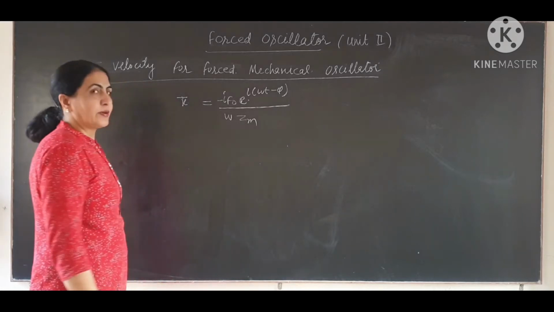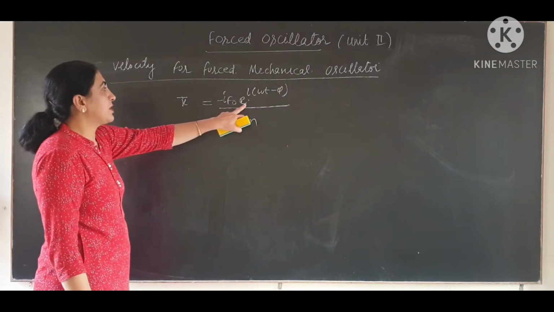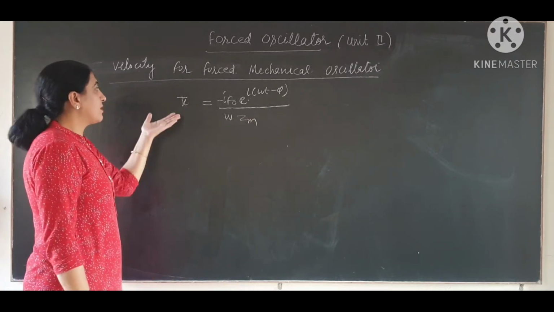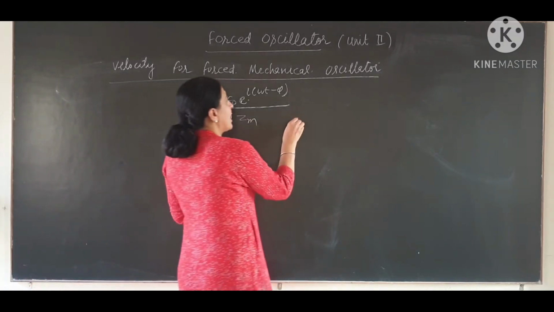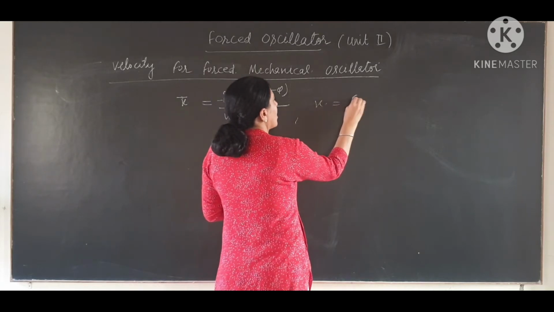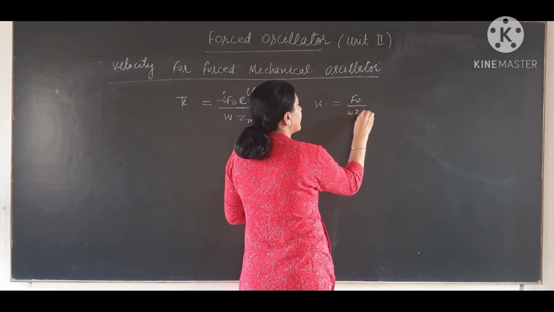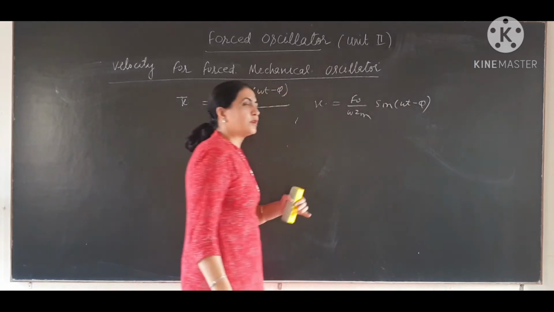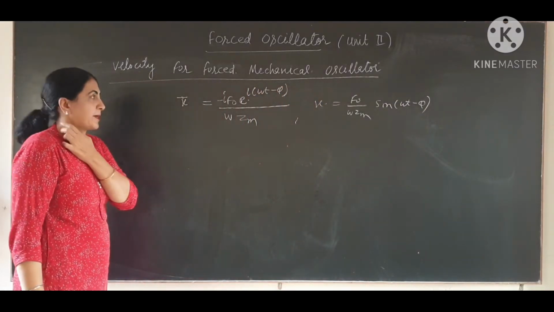So the real part of x is equal to F0 sin(ωt − φ) / (ω Zm), and the real part of force F is equal to F0 cos ωt.